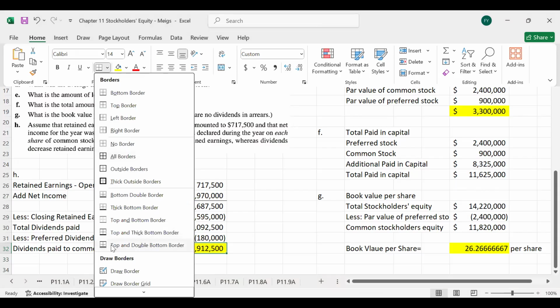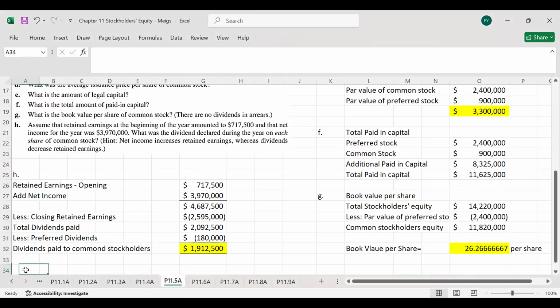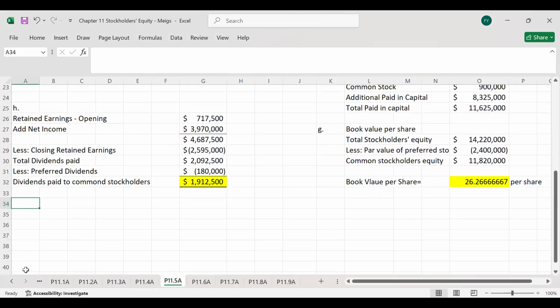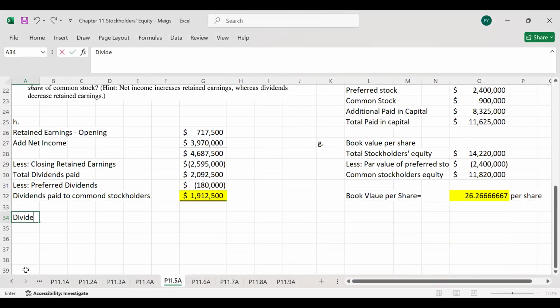We can also calculate dividends per share to common stockholders. Here we have the total dividend, 1,912,500, divided by the total number of shares. We have discussed that the total number of shares is 450,000.